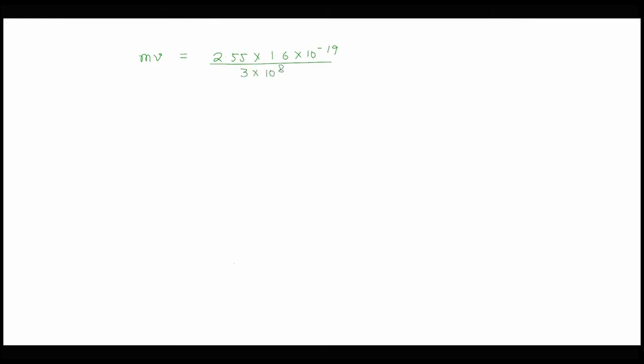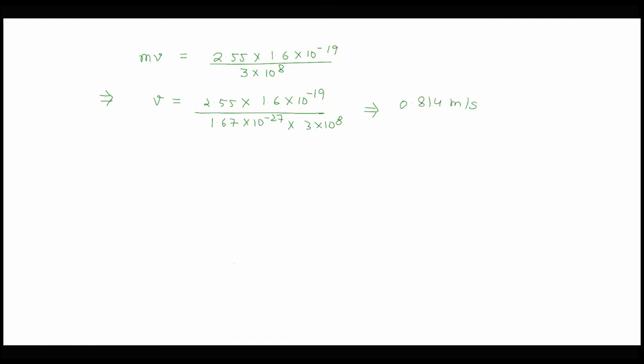So from here we can calculate the recoil velocity as 2.55 into 1.6 into 10 to the power minus 19, and the mass we are putting as 1.67 into 10 to the power minus 27, multiplied by 3 into 10 to the power 8. So from here we obtain the value of recoil velocity as 0.814 meter per second.